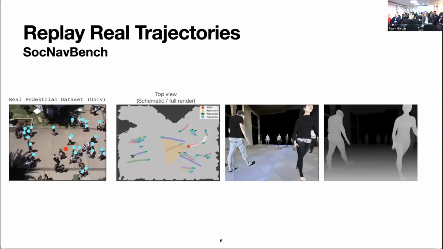One of the cool things about SOC-Nav Bench is that instead of relying on simulated humans to do the navigation, it actually takes the navigation data from open source data sets. We have 4 different large data sets of people moving around in various outdoor environments.